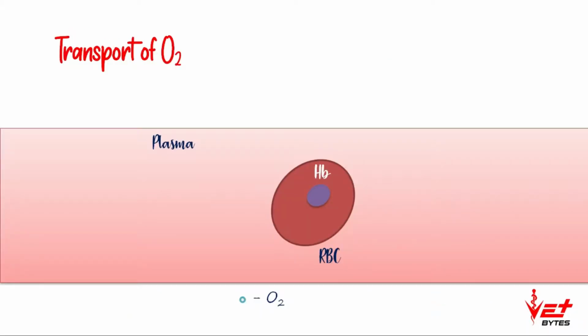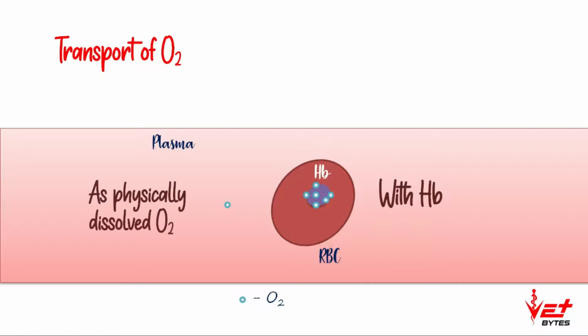Let's see how oxygen is transported in the blood. Consider the small circles as oxygen. When oxygen diffuses from the alveoli into the plasma, the oxygen dissolves in the plasma and most of it moves into the RBC and binds with the hemoglobin and gets transported. So the transport of oxygen can take place either along with hemoglobin or in a physically dissolved state.